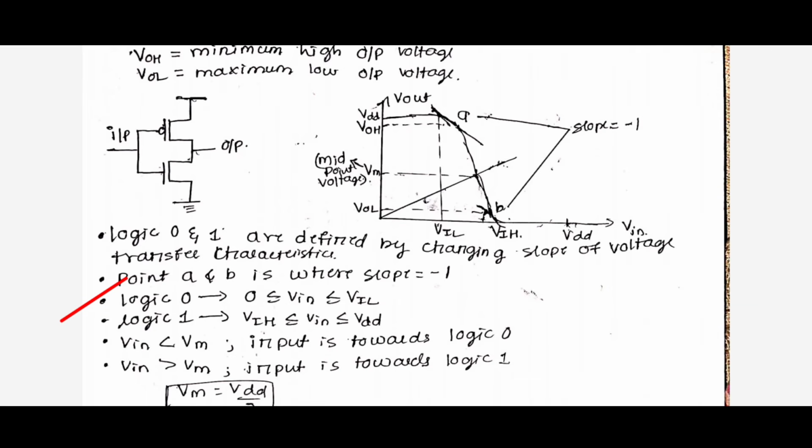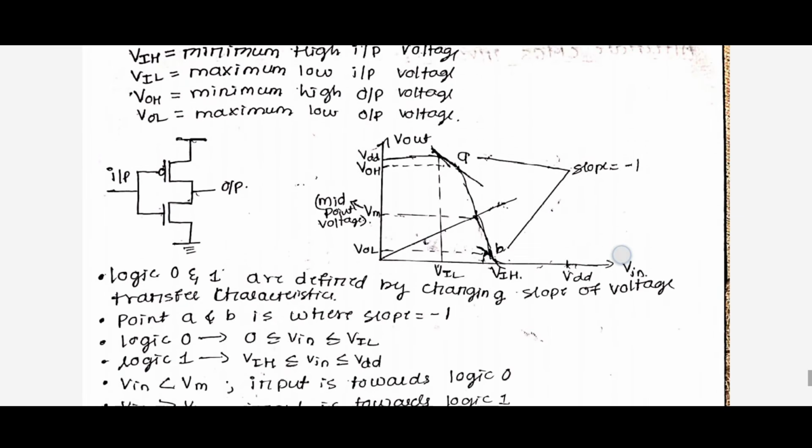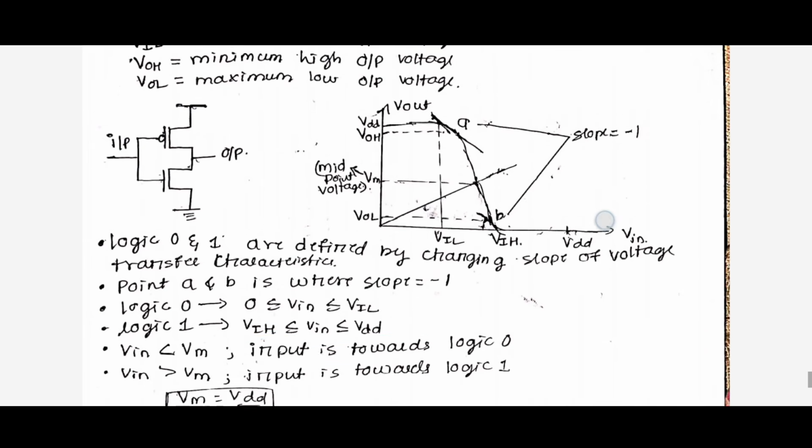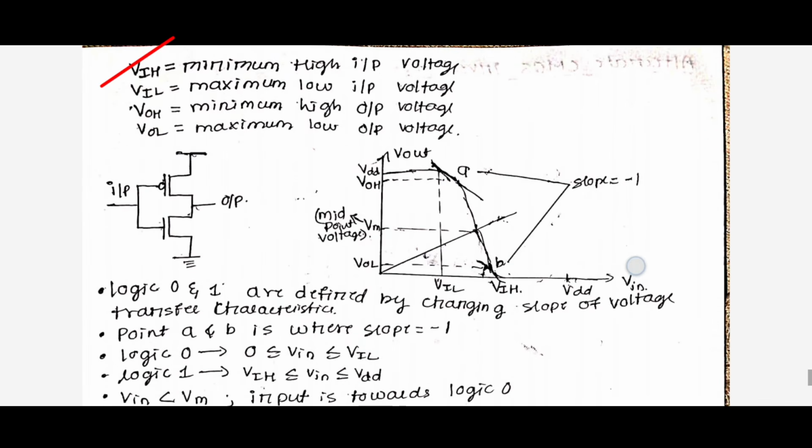Logic 0 means the input voltage lies between 0 and the maximum low input voltage. Logical 1 means the input voltage lies between the minimum high input voltage and VDD.